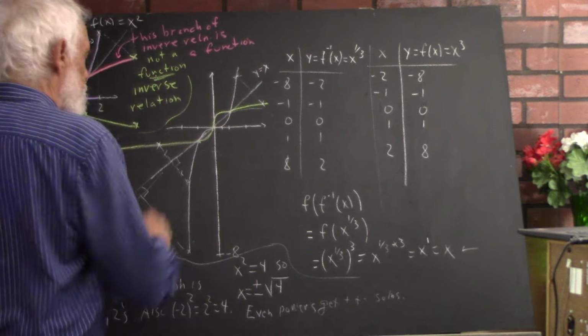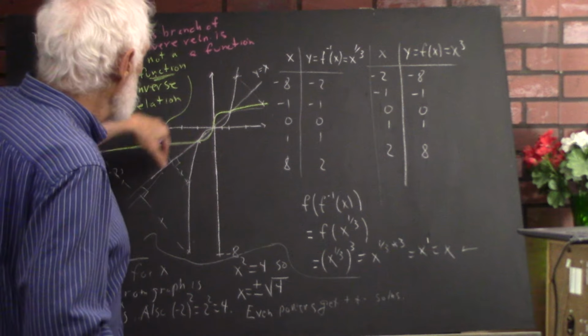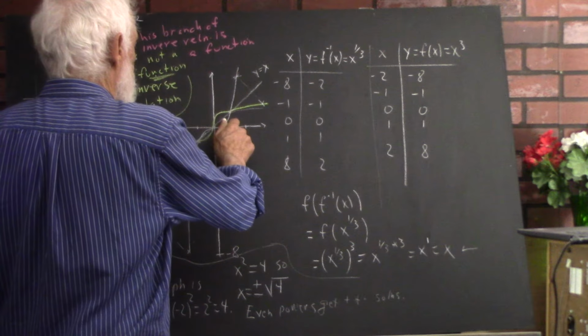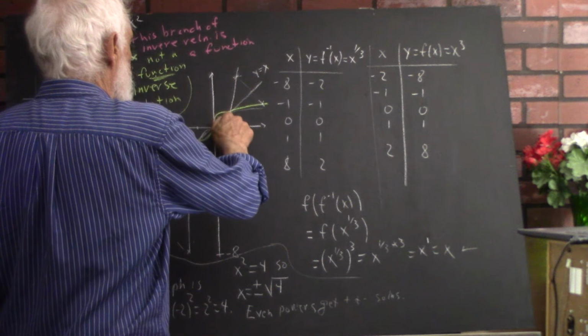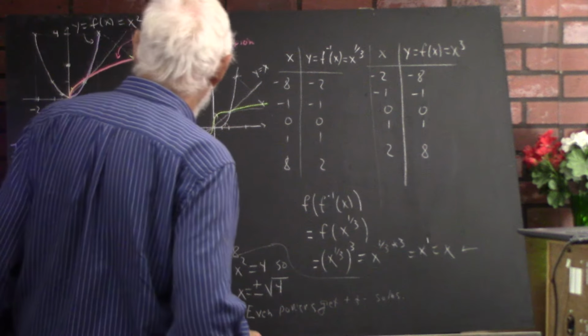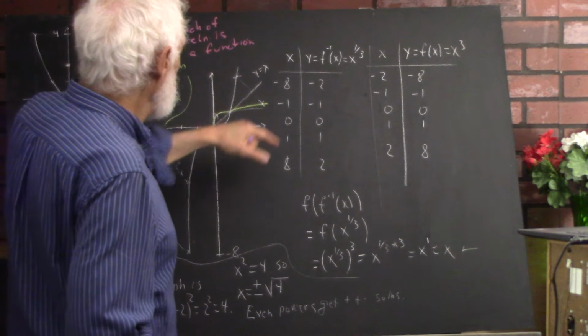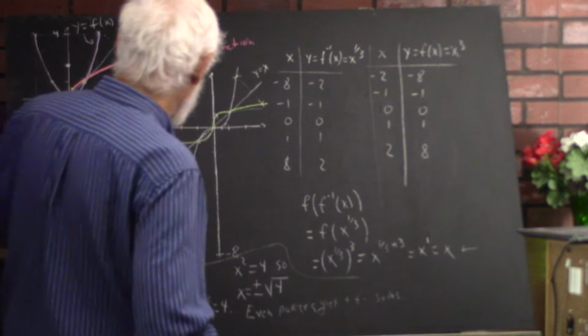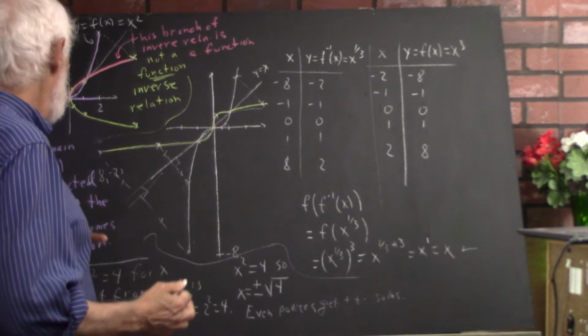This distance should be the same as this distance. We could do that with every point. We can do that with points up here. We could take a point here and reflect it and get a point here. And the graph that we get fits the table of the y equals x to the 1/3 graph pretty well.